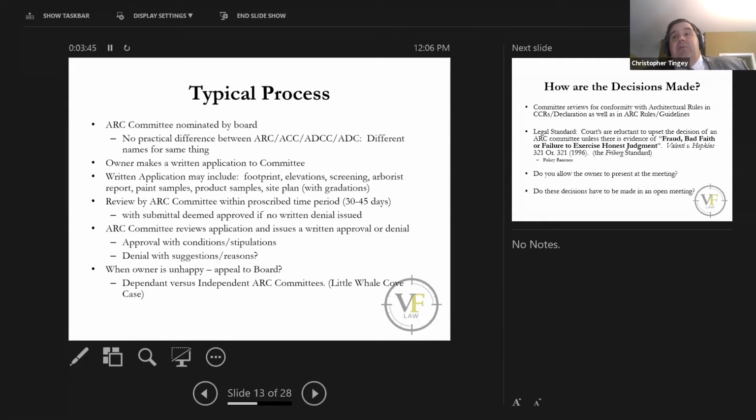But if you have a quorum of the board, depending on the size of your board, serving as the ARC, then those meetings have to be open. And then certainly in those situations where the board has taken over the ARC powers or ARC responsibilities, those meetings are board meetings. Even though it may be limited to architectural review applications only, it's still a board meeting, and so it must be open to all homeowners.